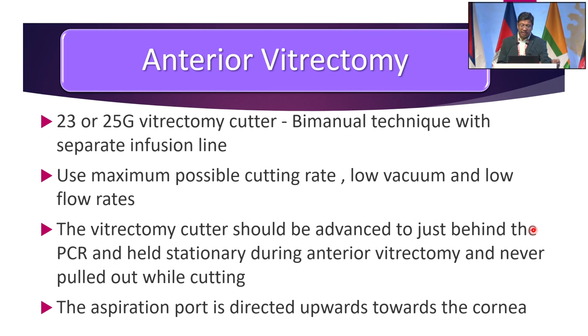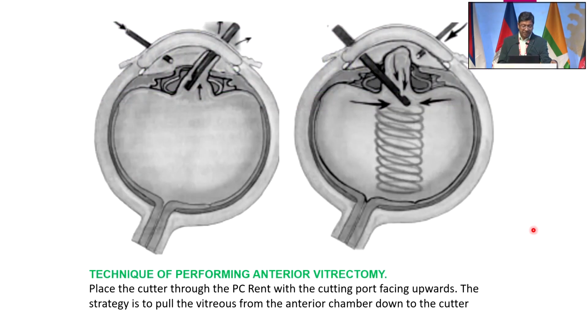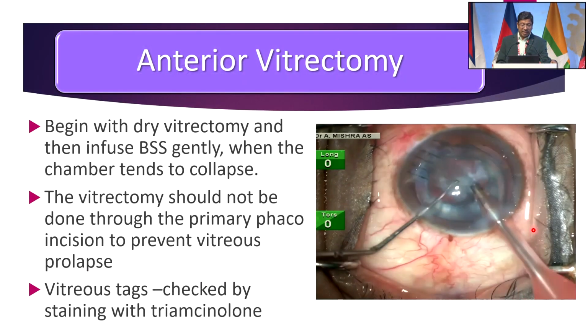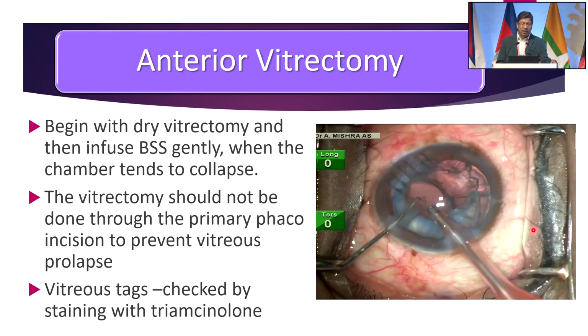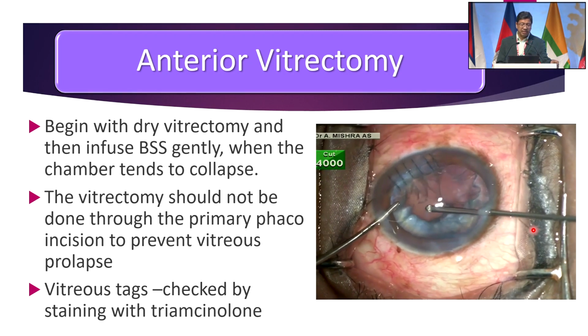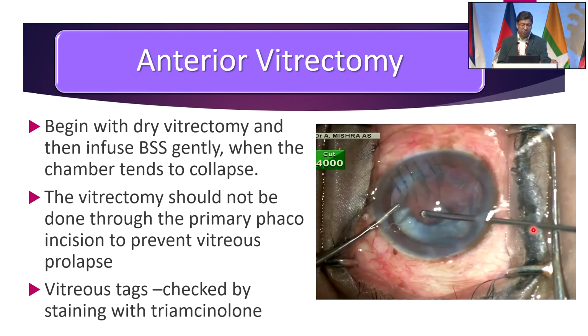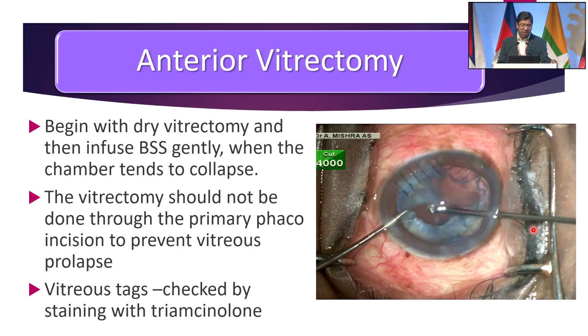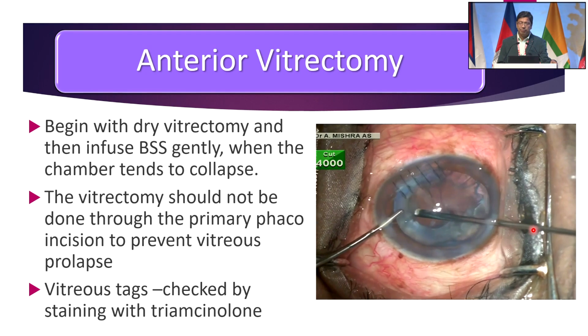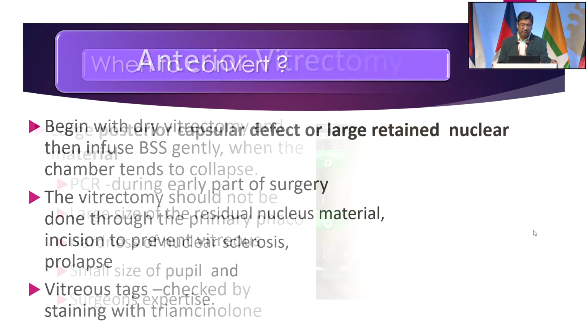Vitrectomy cutters should be advanced to the PC rent, just below it, and held stationary with the aspiration port looking up towards the cornea, and vitrectomy is completed. The anterior vitrectomy should be started with preferably dry vitrectomy, and once the chamber is starting to collapse, the BSS can be gently infused. Vitrectomy should not be done through the main port, rather from the side port, and all vitreous tags should be removed after staining with triamcinolone.